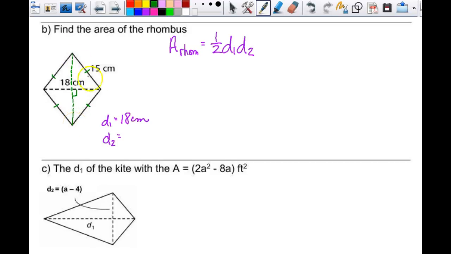No. Well, it could. Thoughts, Molly? You take the 18 and divide it by 2 to get 9. Okay. Good.